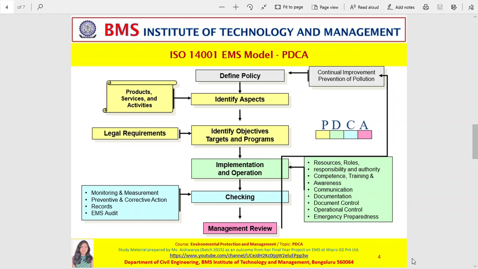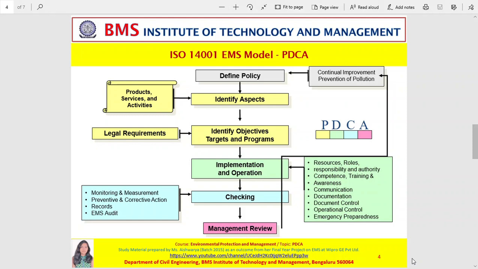The next 4 elements are part of the PDCA cycle, which is expanded as the Plan, Do, Check, Act cycle. Planning involves charting out all possible activities, processes, practices, and procedures that happen within an organization.